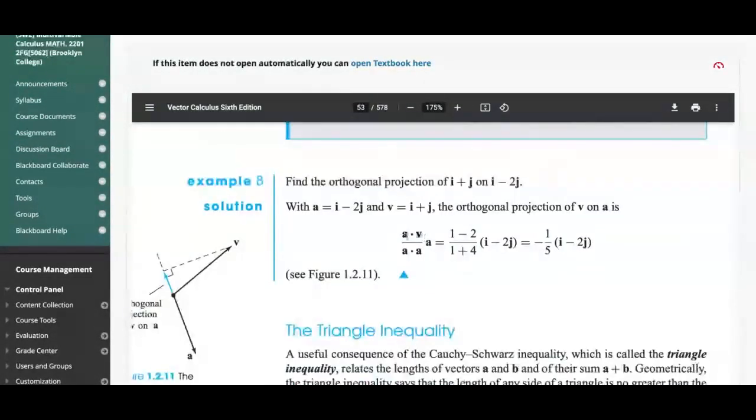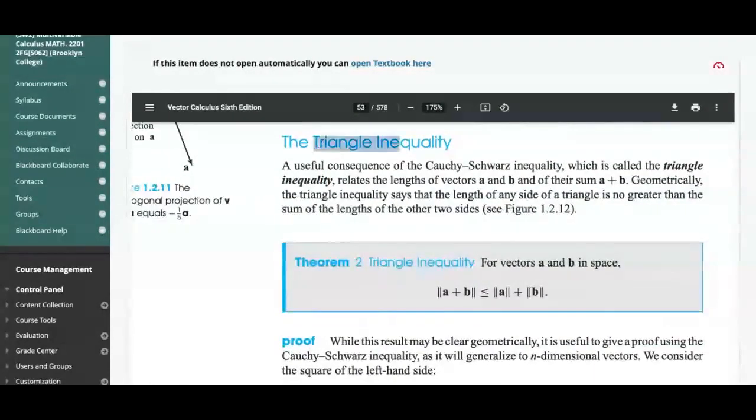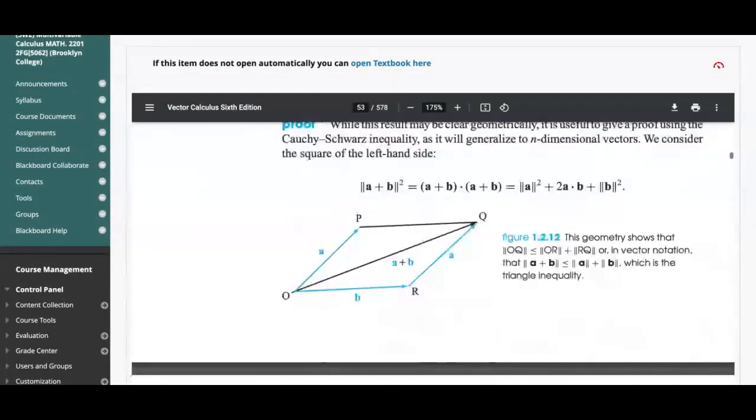So this is just one example, okay? Triangle inequality, we have this case. The length of A plus B, the addition of two vectors, that's the diagonal of the parallelogram spanned by A and B, is less than or equal to the length of A plus the length of B. Right?